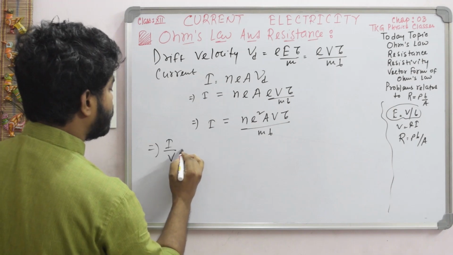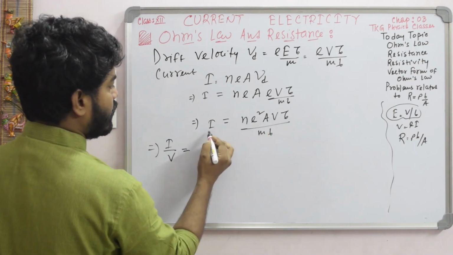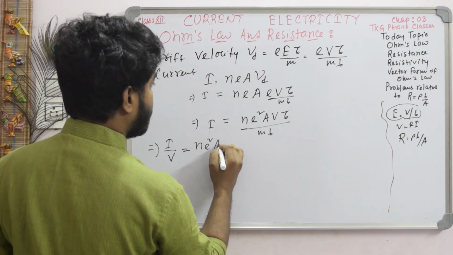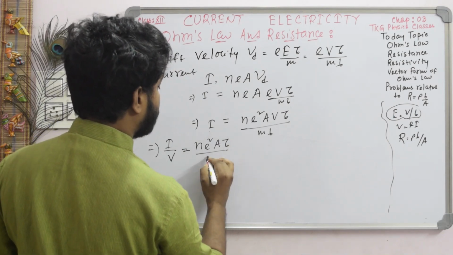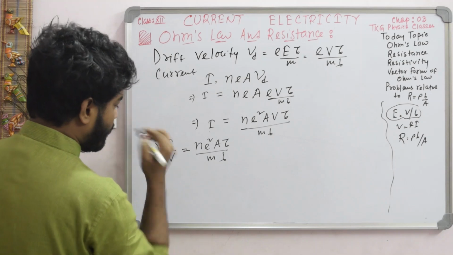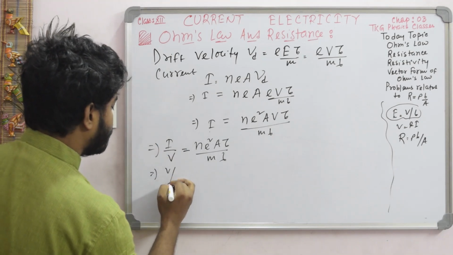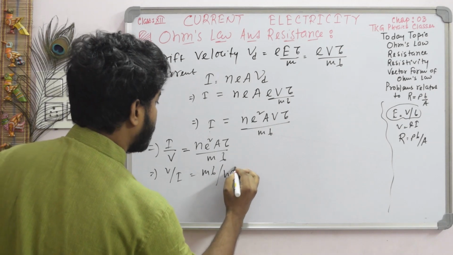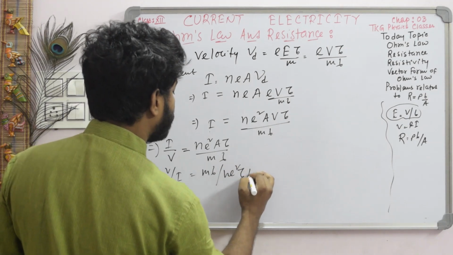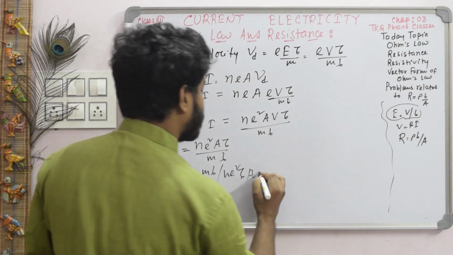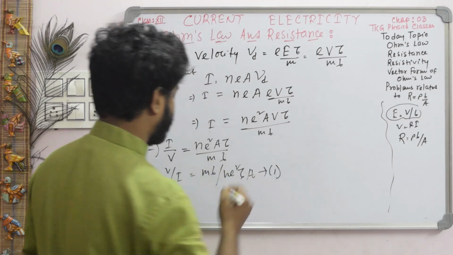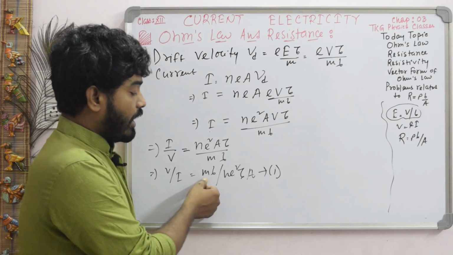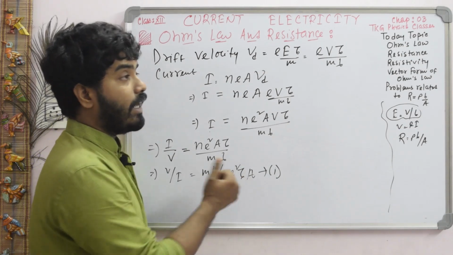I by V becomes n e square A tau divided by mL. Then what is the value of V by I? That is mL divided by n e square tau A. So this is equation 1. This is the expression of V by I with respect to m, L, n, e, tau and A.